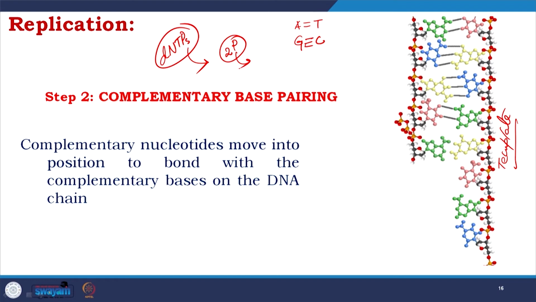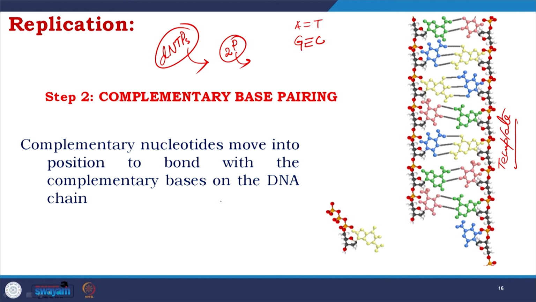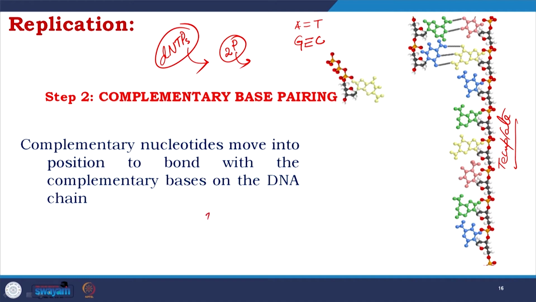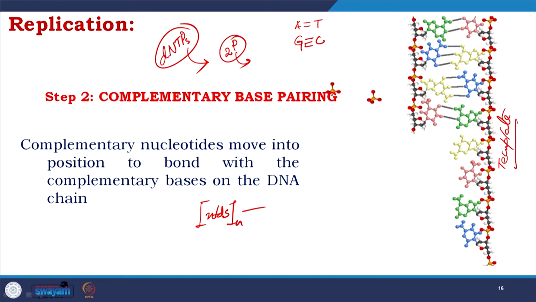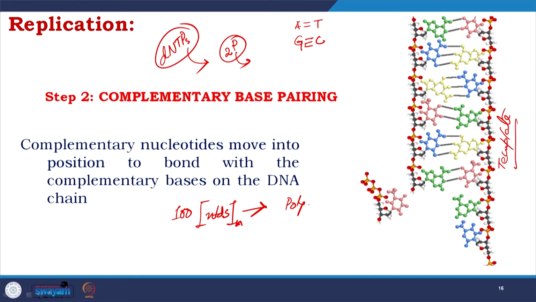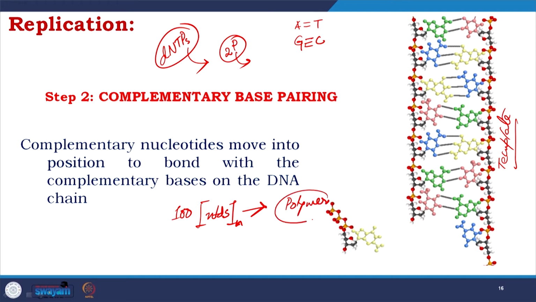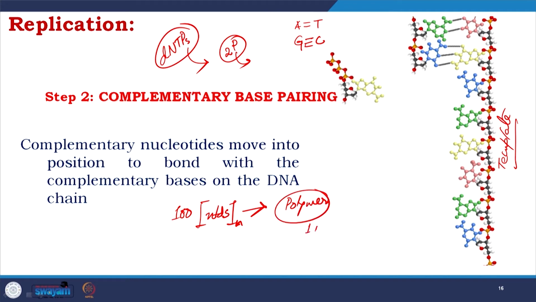This is a very critical and interesting phenomenon. If you think why they are doing that, take a look at the process of DNA synthesis. The nucleotides, many, so suppose there are 100 nucleotides, let us say, they are forming a polymer, going from 100 molecules to 1 molecule.